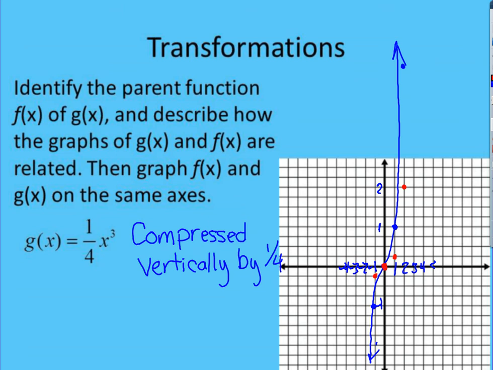And negative 2 on the other side. So this graph will look like this. We're taking it vertically, and this point is compressing down to here. The point all the way up here is compressing down to 2. We're compressing it vertically down.